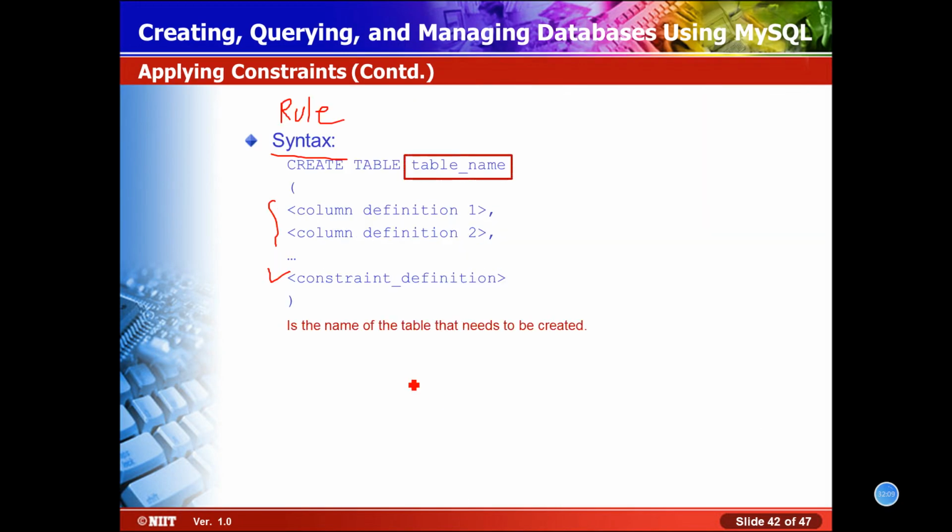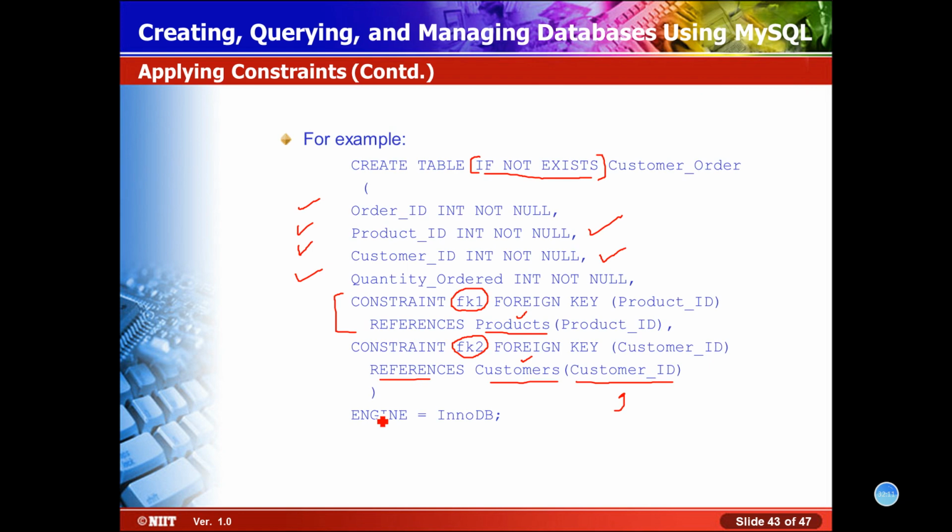When you are creating a table, at that time you can create a foreign key. But if you forgot to create the foreign key when creating the table, then you can use the alter command.